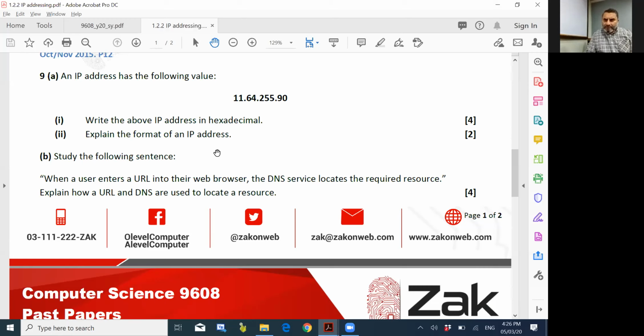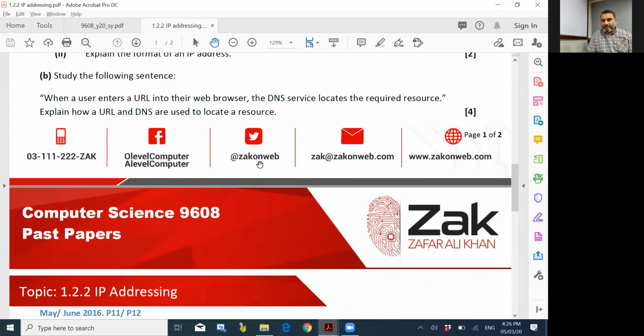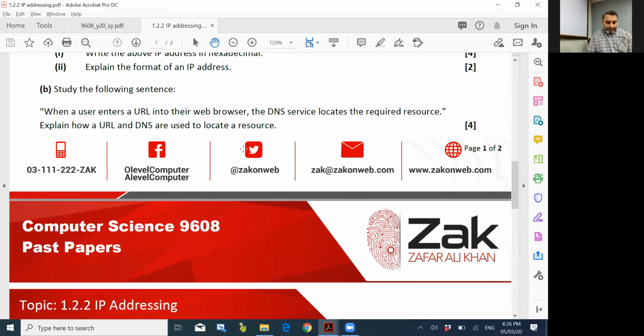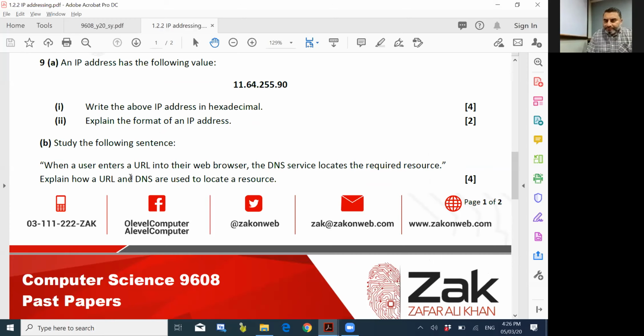Study the following sentence. When a user enters a URL into their web browser, the DNS service locates the required resource. Explain how a URL and DNS are used to locate the resource. So, a URL is a uniform resource locator, a reference address to a resource, which includes protocol and domain name. Browser software sends the URL to DNS.